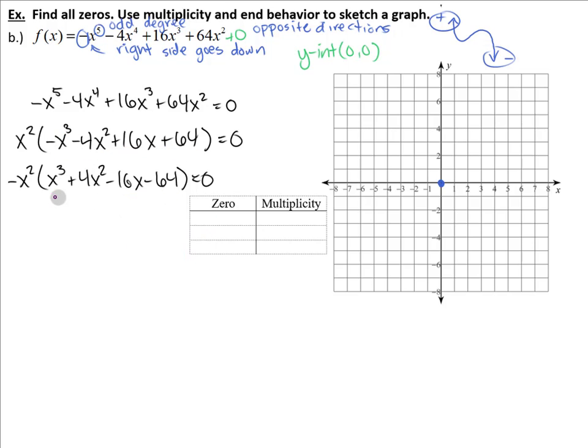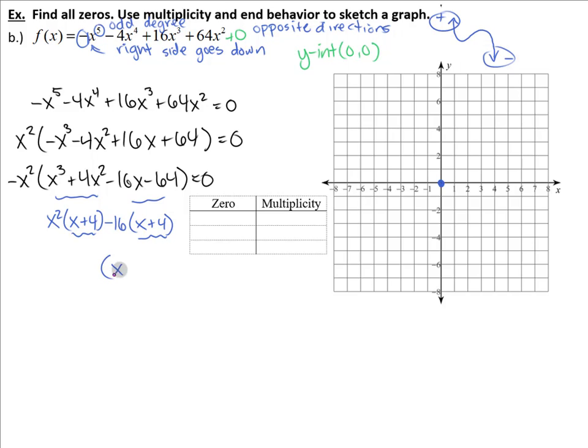And we do have 4 terms, so we're going to try factoring by grouping. So in this first pair, I can take out an x squared, which leaves me with x plus 4. And in the second group, I can take out a -16, which would leave me with x plus 4. And remember, if factoring by grouping works, what's left in the parentheses has to match, and it does.